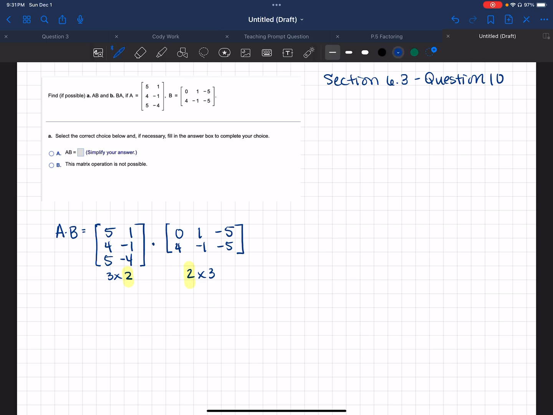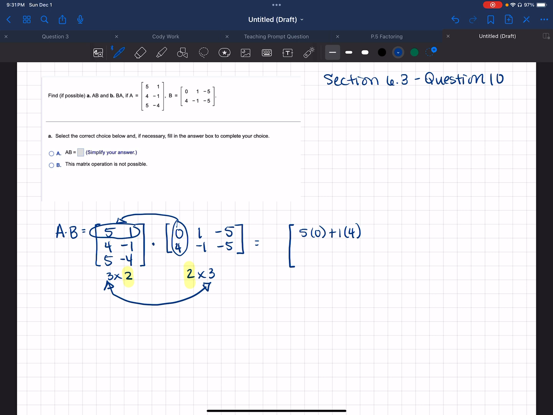So what we do is, it'll wind up making a 3 by 3 matrix. That's the size of the new matrix. Now we take the first column of the second matrix and multiply it times the first row of the first matrix. So I've got 5 times 0 plus 1 times 4.